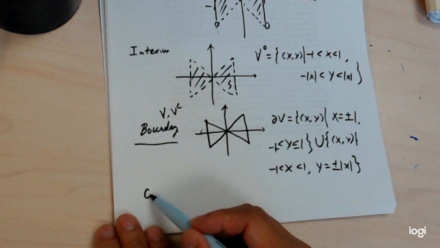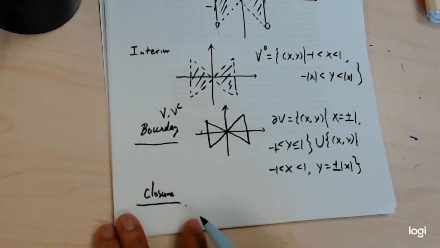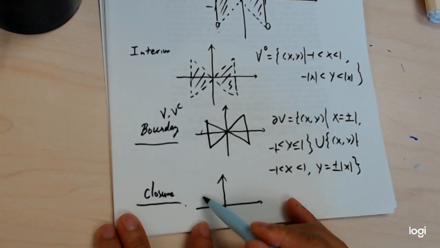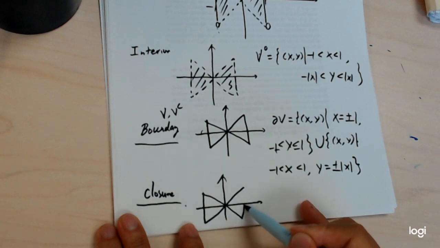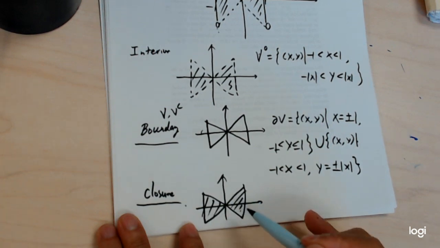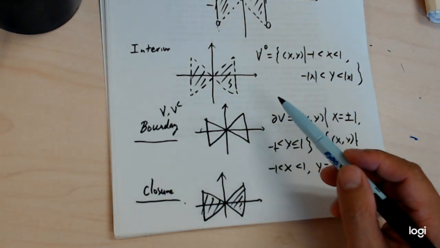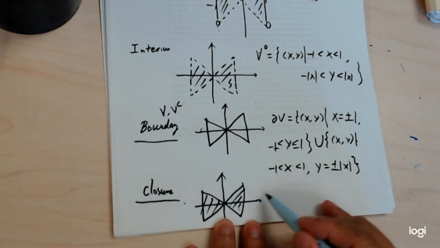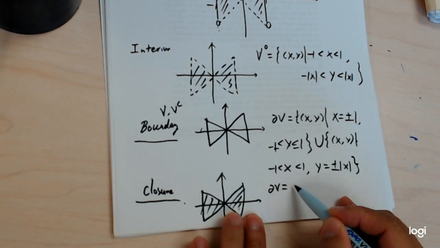How about the closure? Closure. All right, so I leave this to you guys to think about. Closure is everything inside along with everything that's on the boundary. Okay, that's the closure. So go ahead, write down everything that's on the graph here.